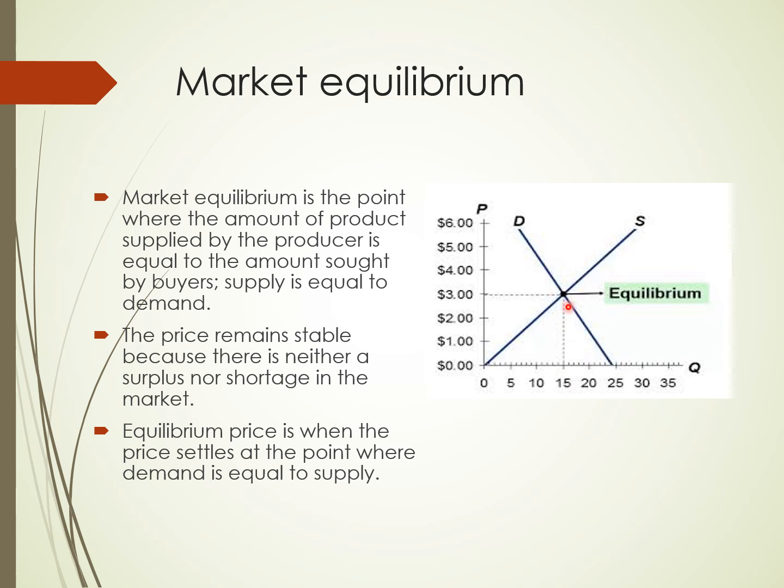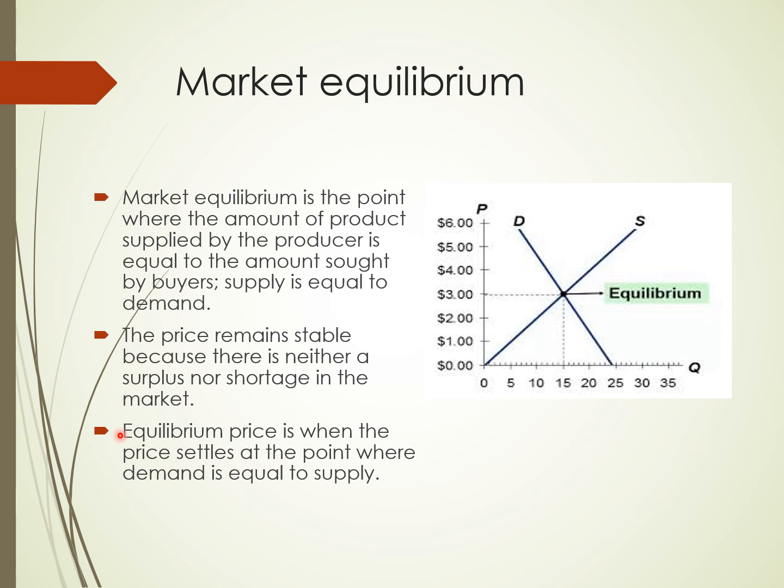So by convention, where supply is equal to demand, we refer to it as the market equilibrium. In your mathematical literacy, where your income is equal to your expenditure or your expenses, they refer to it as the break-even point. But with regard to agricultural marketing, where demand is equal to supply, we refer to it as market equilibrium. The price remains stable because there is neither a surplus nor shortage in the market.